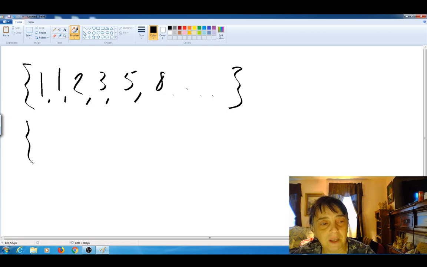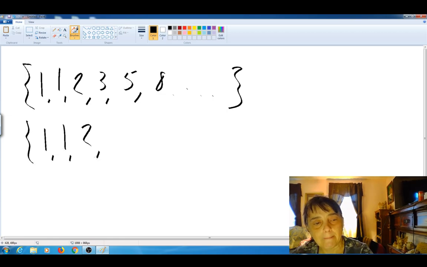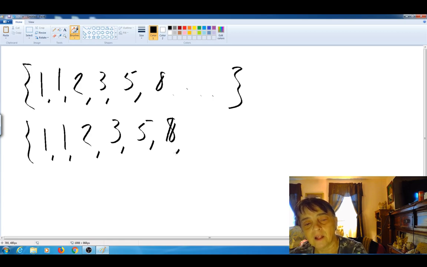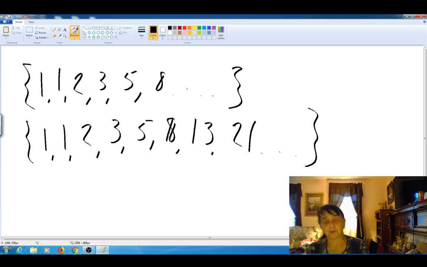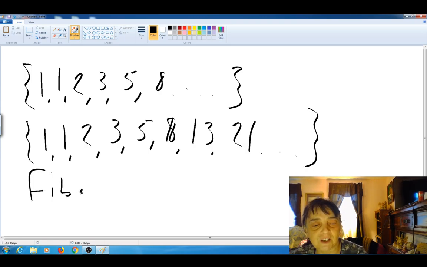And the next number will be 13. And the number after that is 21. So you add the previous two terms together. If you do that, you have what's called a Fibonacci sequence.